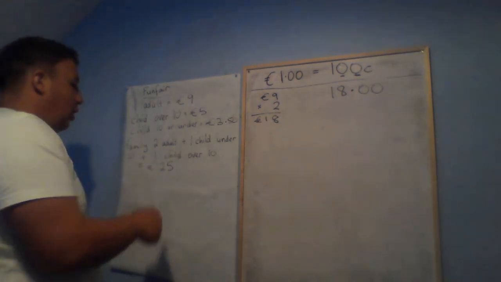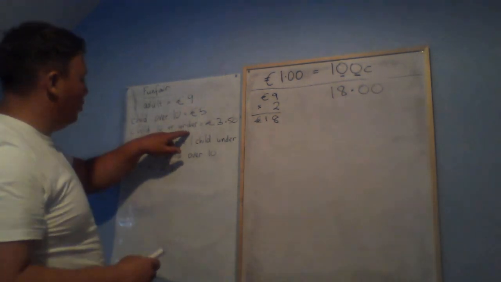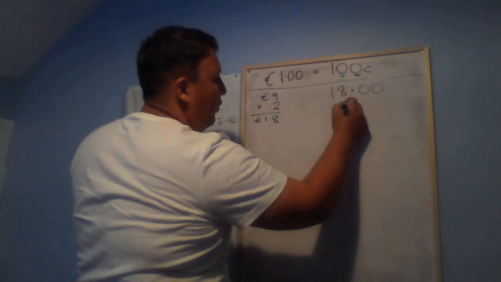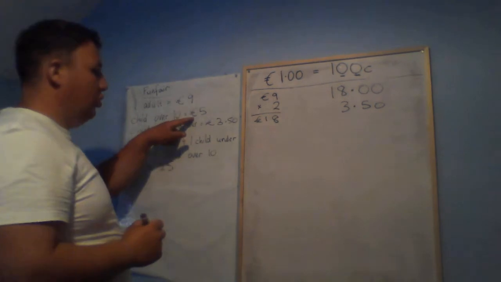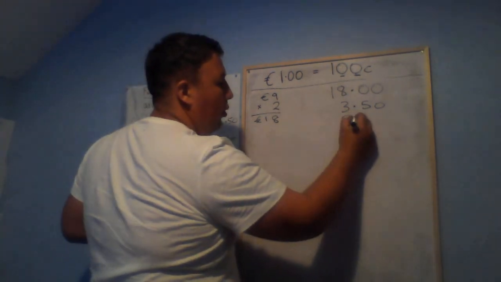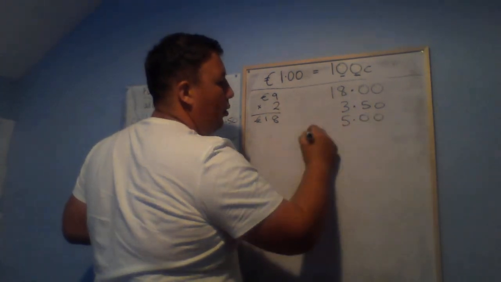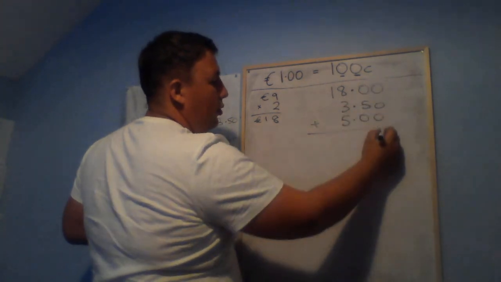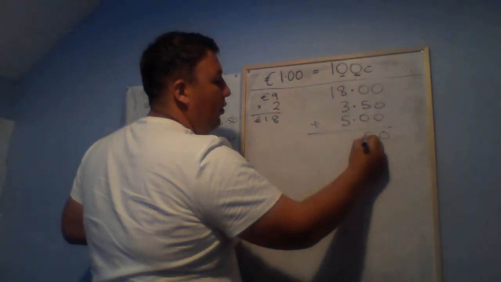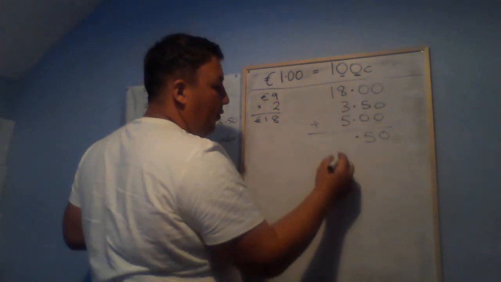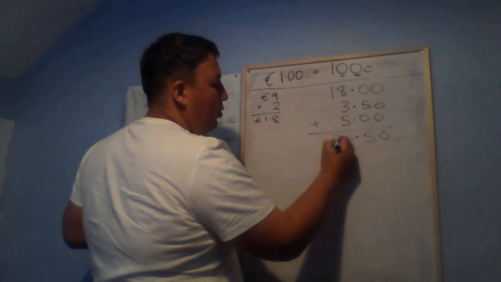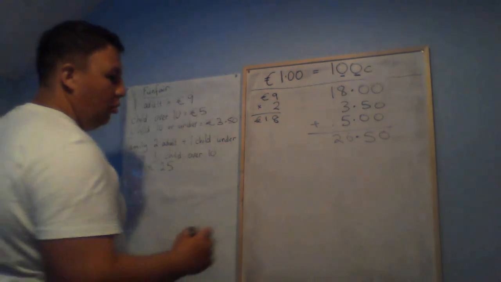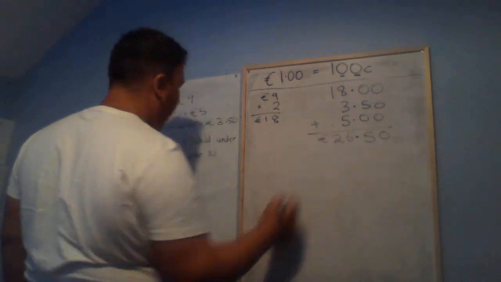Then we have 1 child under 10, which is the bottom one. So that's €3.50. And 1 child over 10, which is €5. Okay. So 0, 5, decimal point, 5 and 8, and 3 is 8, is 16, 2. Okay, so our total here is €26.50.